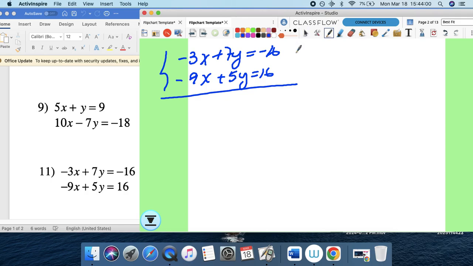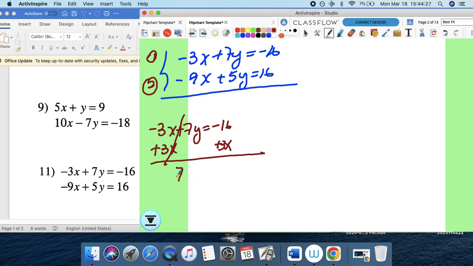So I'm just going to keep this, rewrite. This is equation 1, this is equation 2. I'll take equation 1, and I'm going to isolate, it really doesn't matter. All right, so let's just isolate y. So we do plus 3x on both sides.